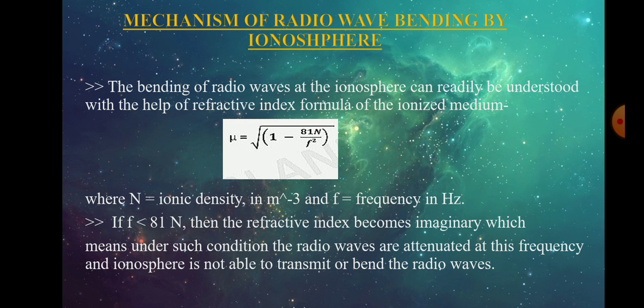So we can say that the ionospheric region consists of plasma which is produced by the photoionization of thin upper atmospheric gases by the UV rays, that is ultraviolet rays, and the photons of short wavelength from the sun.